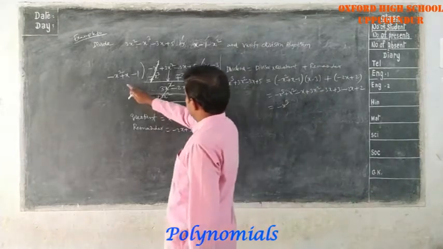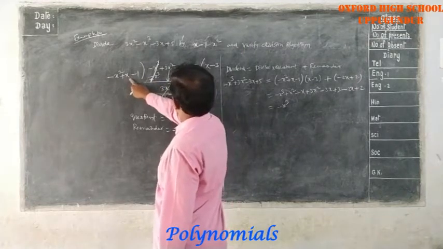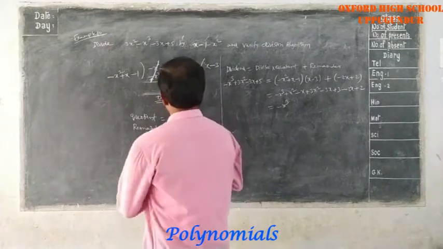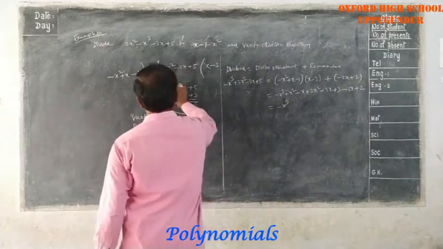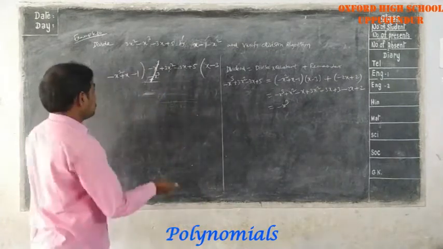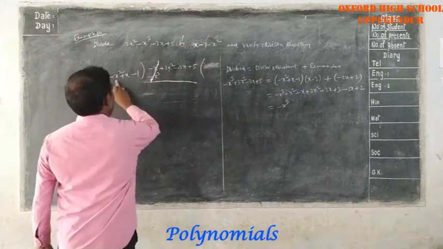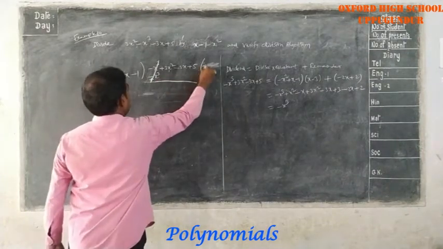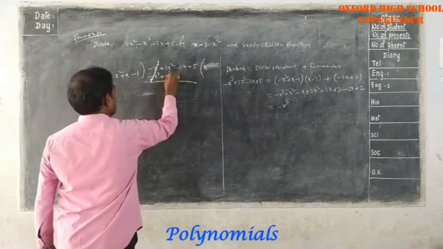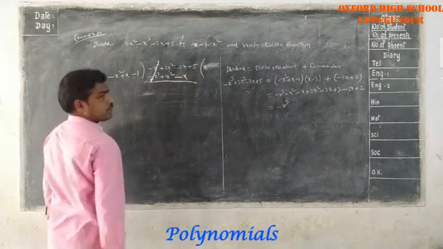Okay, when you are dividing, minus x square into x gives minus x cube, again plus x into x, you will get x square. So minus x square into x minus x cube plus x into x square, minus 1 into x, minus x.